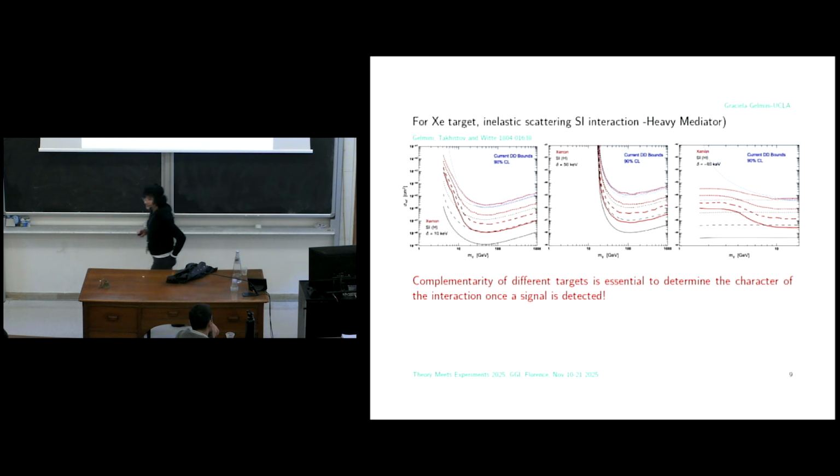Light mediator and heavy mediator, which I use many times, means that you use a contact interaction, or you use 1/q squared for the propagator. Namely, either you consider the mediator much heavier than your momentum transfer or much lighter. So technically you just change the propagator, 1 over m squared, where m is the mass of the mediator, or 1 over q squared.